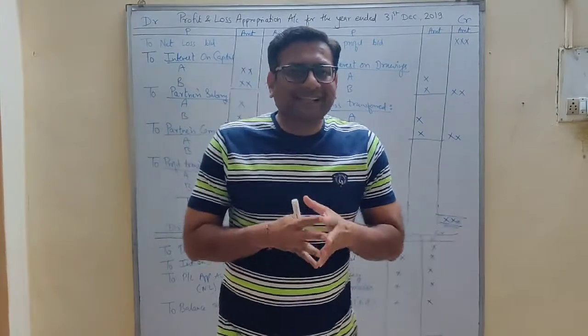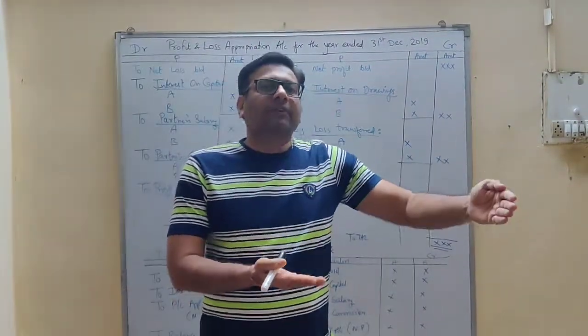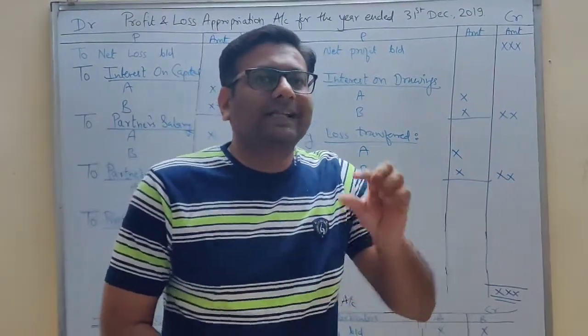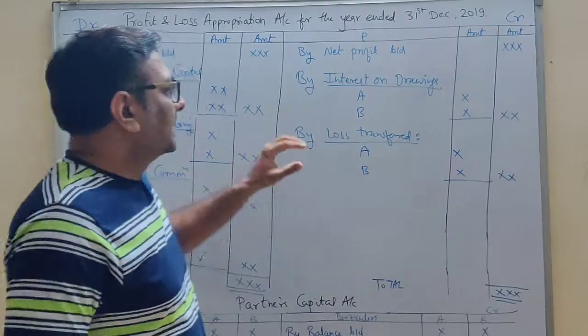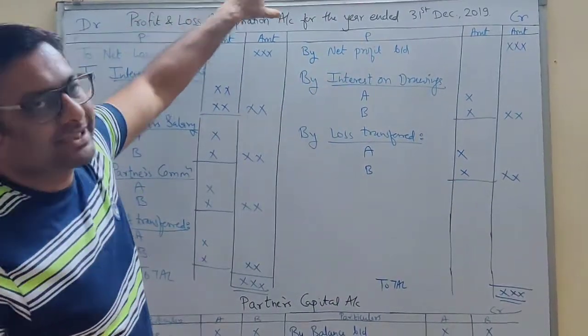So basically in this account, we show the distribution of profit. This distribution of profit among the partners is called appropriation. That's the reason we have named it appropriation account.